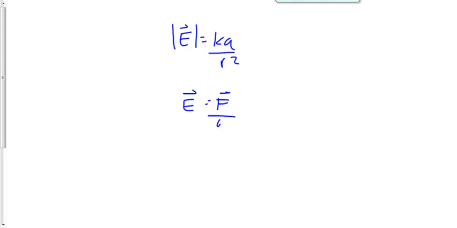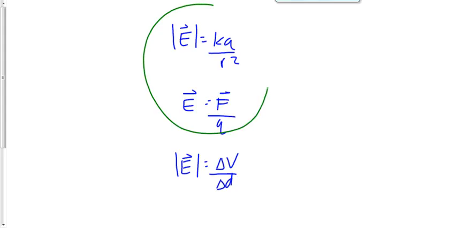I'm going to create a little Venn diagram actually that is going to hopefully tie these three equations together that we've learned over the last couple of days. The first one is going to be that producer equation, E is equal to KQ over R squared. Second one is going to be that experiencer equation, E is equal to F over Q. And the third one is going to be the new equation that we just learned, E is equal to delta V over delta D. We're going to make the first circle green.